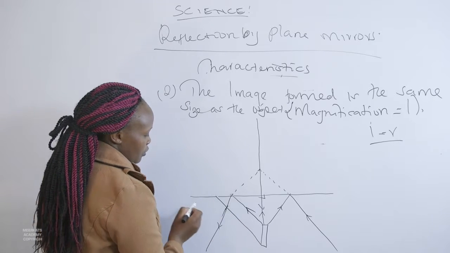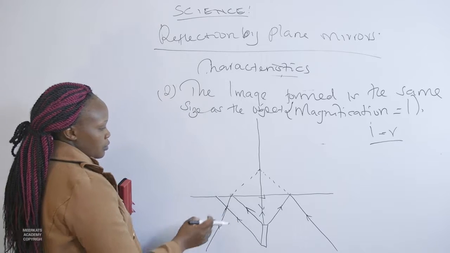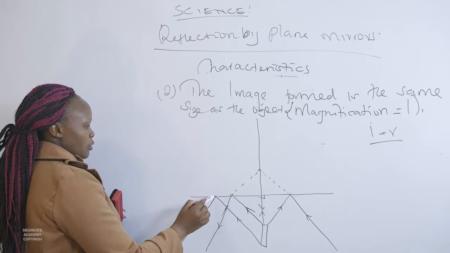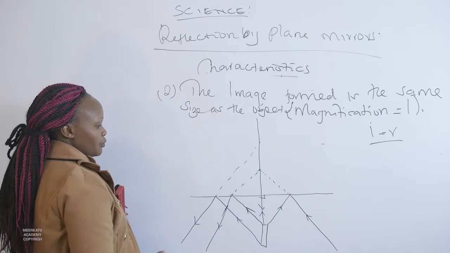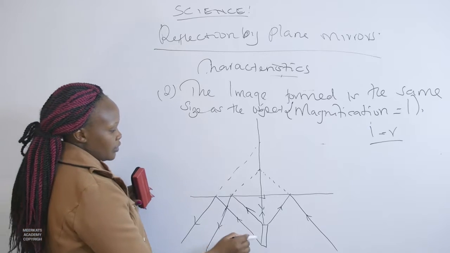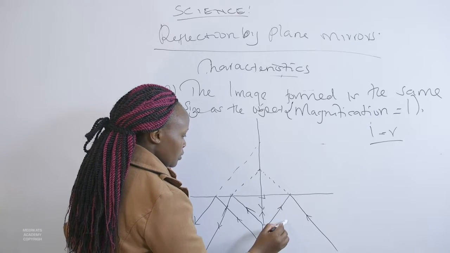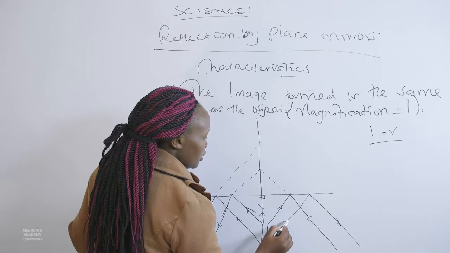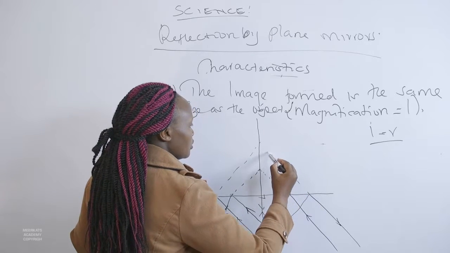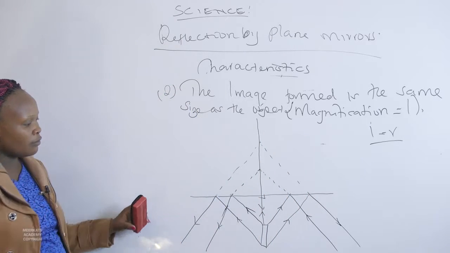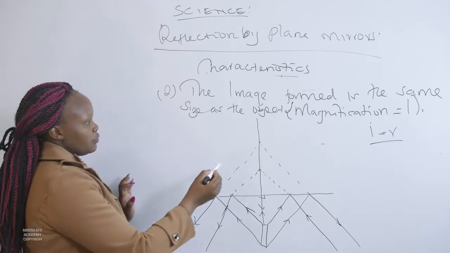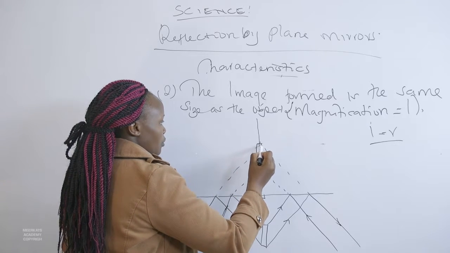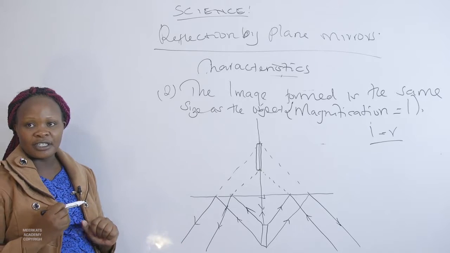From the bottom of the object to our plane, then reflect it also, extend it, and then we have another one here. You reflect that way, then you extend it. Therefore, the bottom of our object is going to be somewhere there. Therefore, we will have the image there.